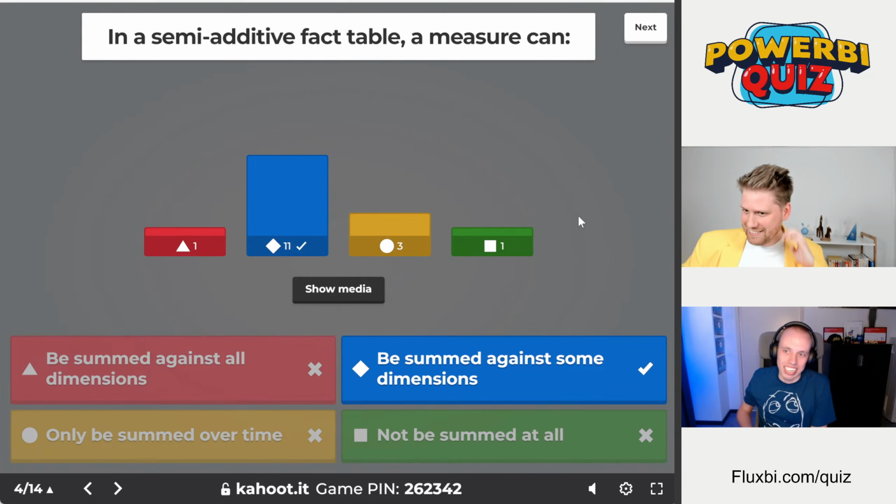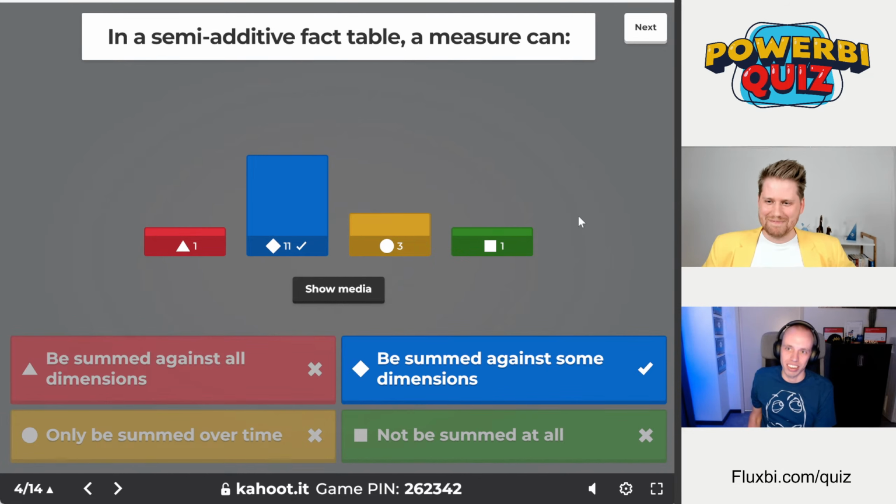So the answer is, basically, semi-additive facts can be summed against some dimensions, but not against all dimensions. What's the reason for it? Why can't we do that? Is it a technical thing? I'm always bad at coming up with examples, but let's say you have an average of something. An average over time is pre-calculated, then you cannot put it back to an individual day. If you take an average by year and you pre-calculate that, it doesn't make sense to display that against months.